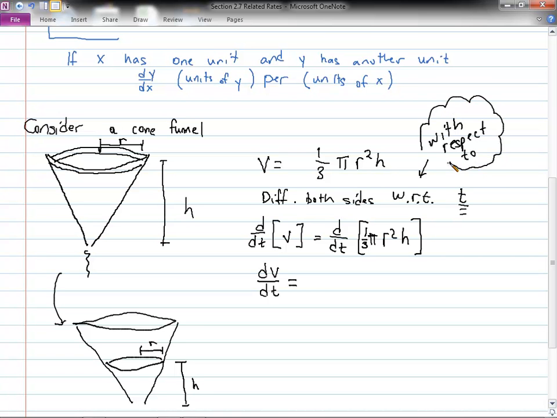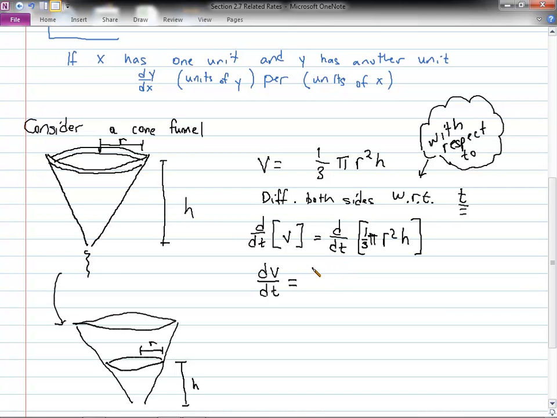It looks like gibberish if you have no idea what I'm talking about. So diff stands for what? Differentiate both sides. WRT is with respect to. You'll see me use that quite a bit, so get the hang of it. You'll see other math professors use it too. It's kind of a conventional doohickey.